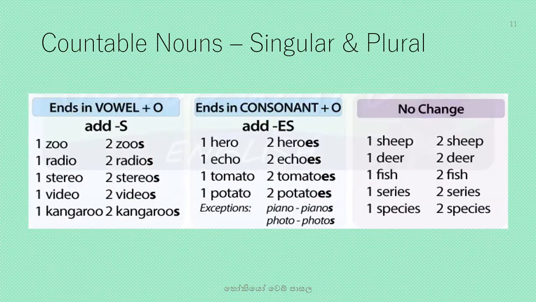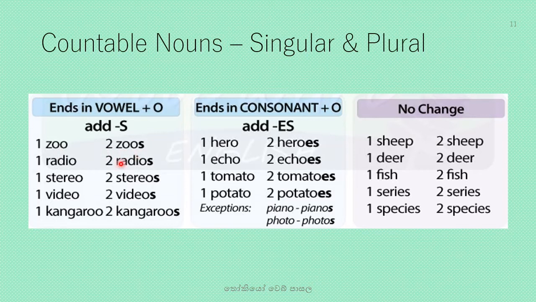Moving into the next type. Ends in vowel plus O. So earlier we considered vowel followed by Y. So now vowel followed by O. In that case, we need to add S. Zoo, zoos.